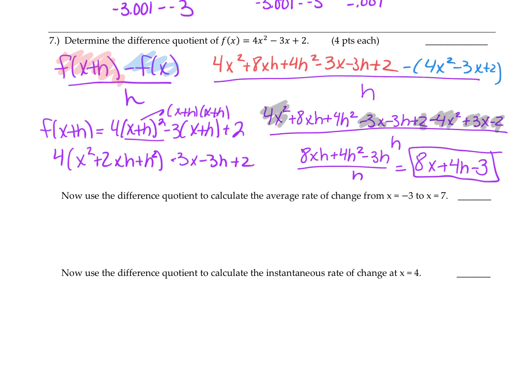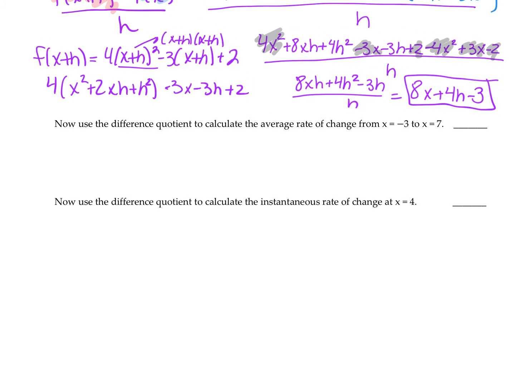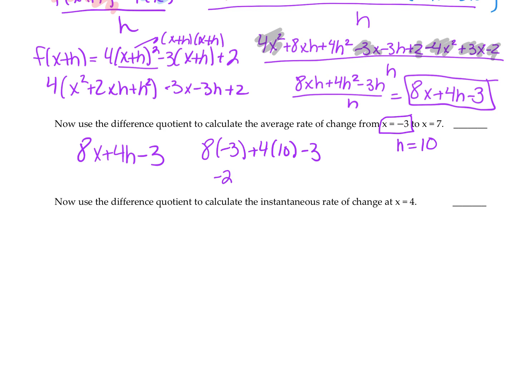Now, using the difference quotient to calculate the average rate of change. I'm going to use this difference quotient that I just found. I'm going to use the smaller x value, and my h value is the distance between my x values, so it's going to be 10. So I'm going to have 8 times negative 3 plus 4 times 10 minus 3. That's negative 24 plus 40 minus 3, which equals 13.